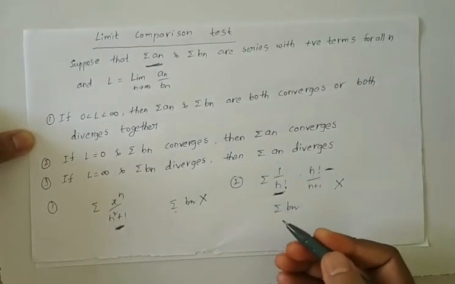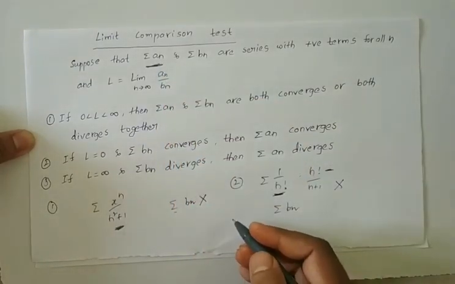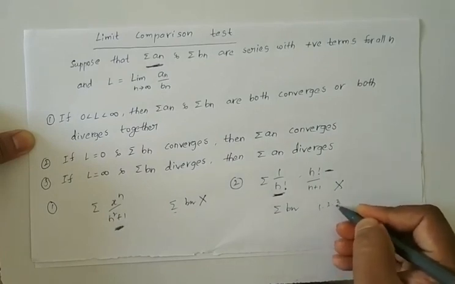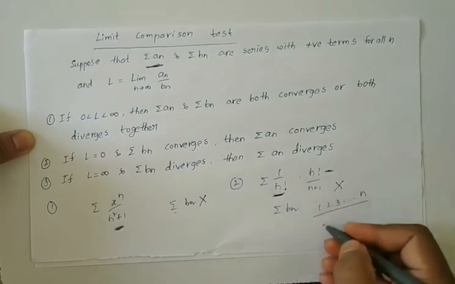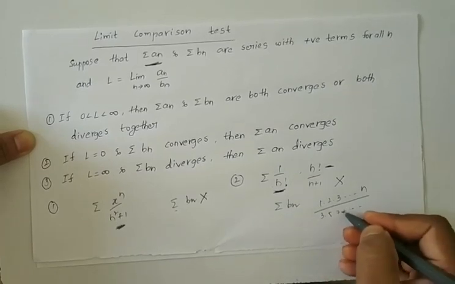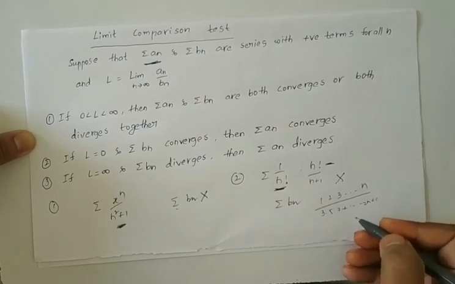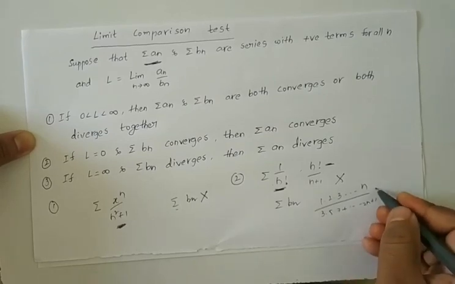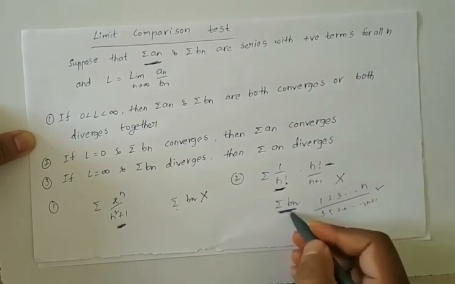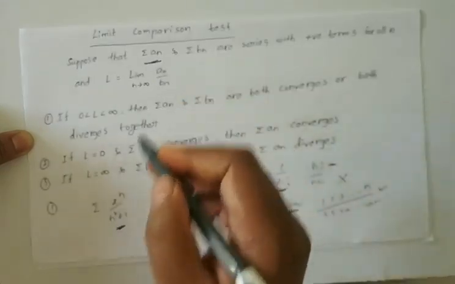Next, if the given series contains a repeated series, for example, 1 into 2 into 3 so on n by 3 into 5 into 7 so on 2n plus 1, then in this case also you cannot choose summation bn, and you cannot apply the limit comparison test.